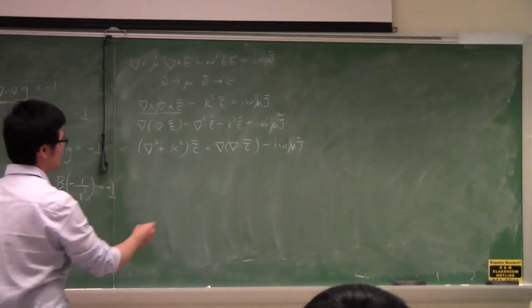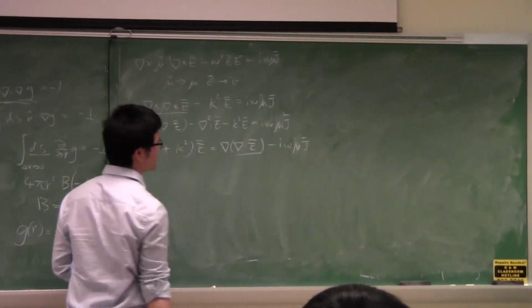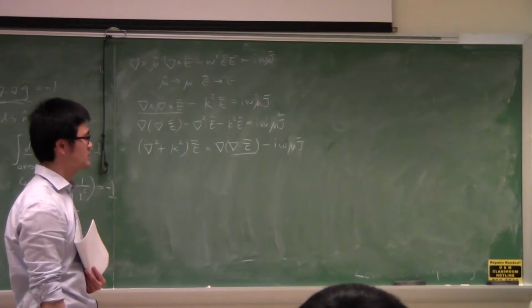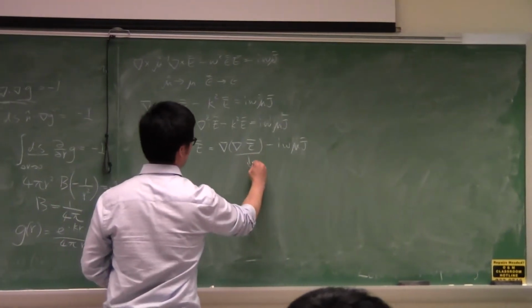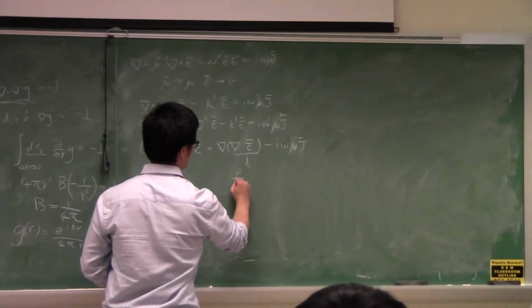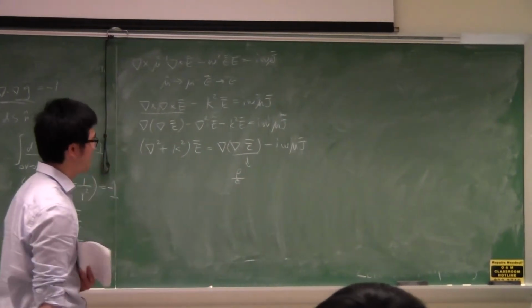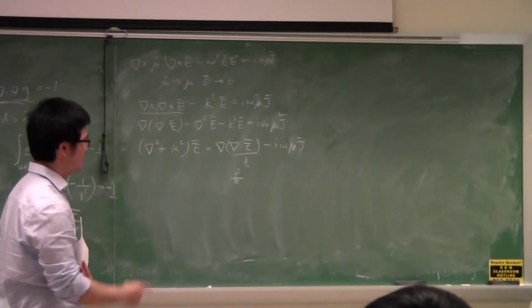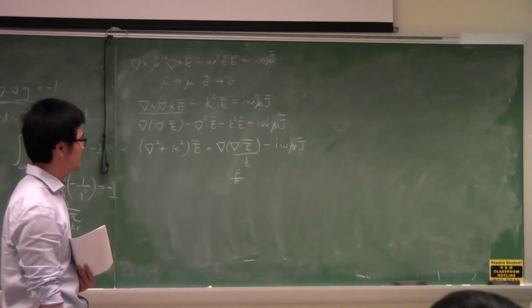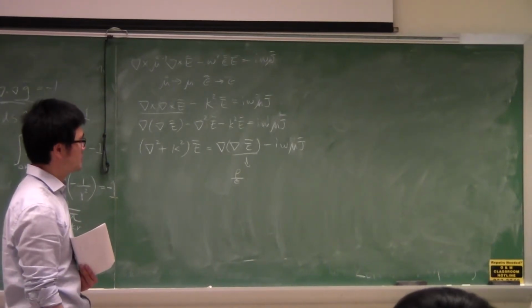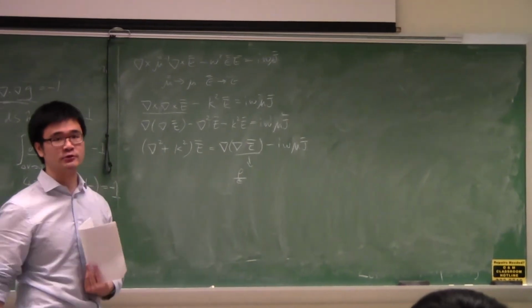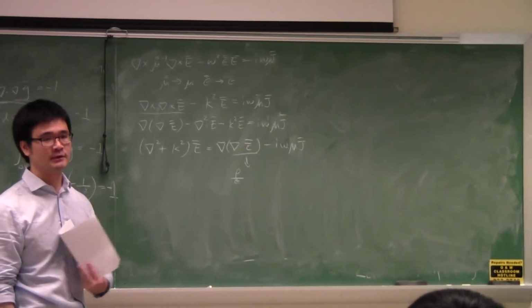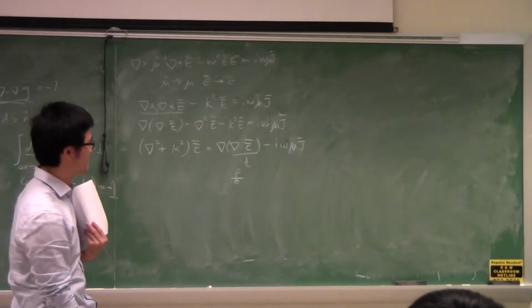So we can replace this divergence of E by the charge density, so this becomes rho over epsilon. And then the time derivative of rho would just become the divergence of the current. That's the continuity equation, right?